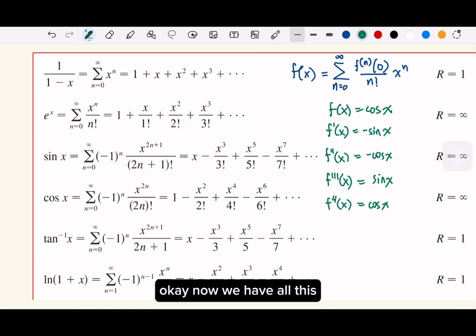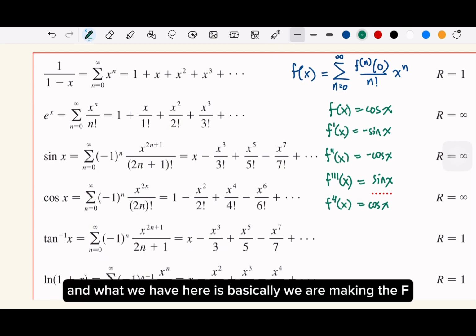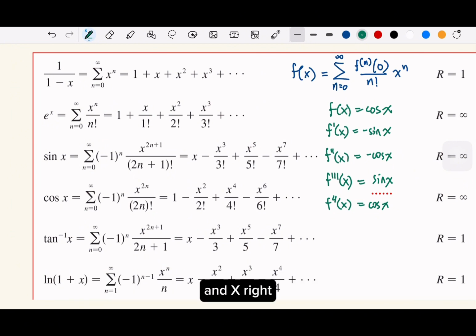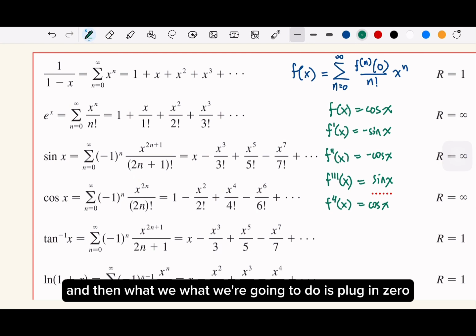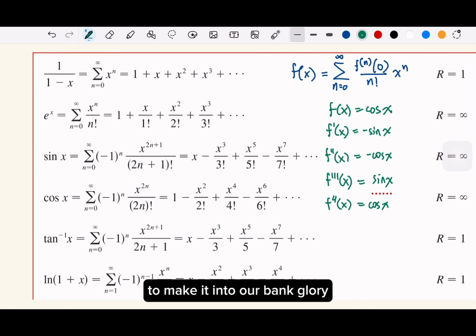Now we have all these variations in derivatives: the first, second, third, fourth. And then we plug in 0 to make it into our Maclaurin. So we take x equals 0.